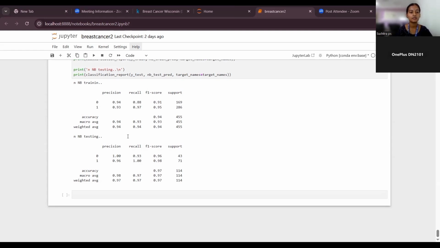The difference is that in the original paper a 70-30 split is taken for evaluating the model. In our paper it is 80-20 for evaluating the model with cross validation.